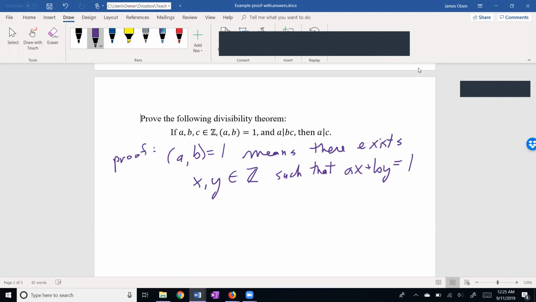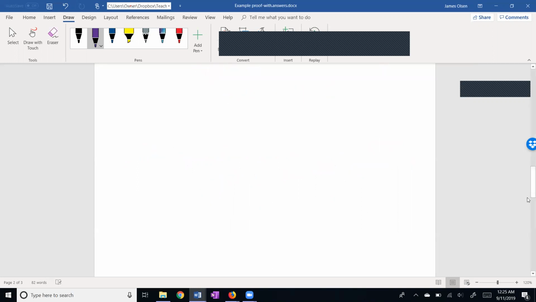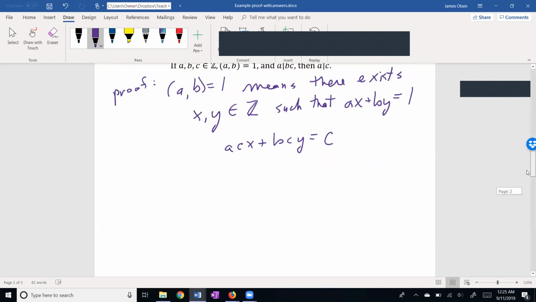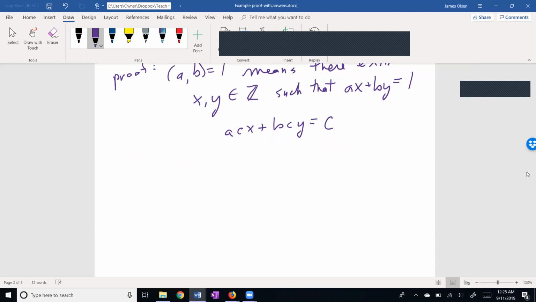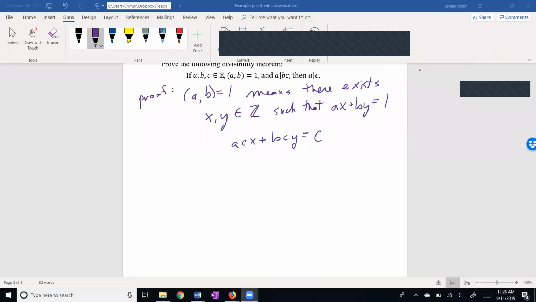Now, I'm not going to finish this theorem for you. I'm going to let you finish it. But I will give you a hint here that if we multiply through by c, because we do need to introduce c, I'm going to have acx plus bcy equals c. Now we need to have a little bit of room here, leave a few lines available, which I will leave for you to fill in.